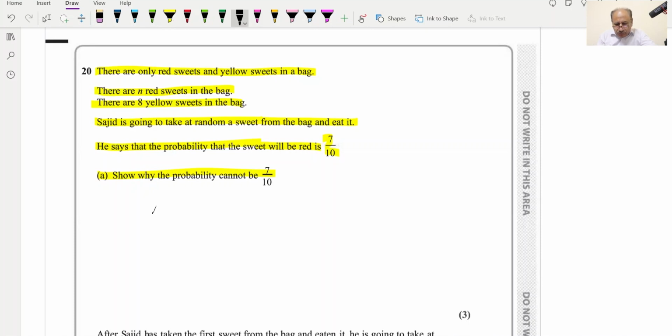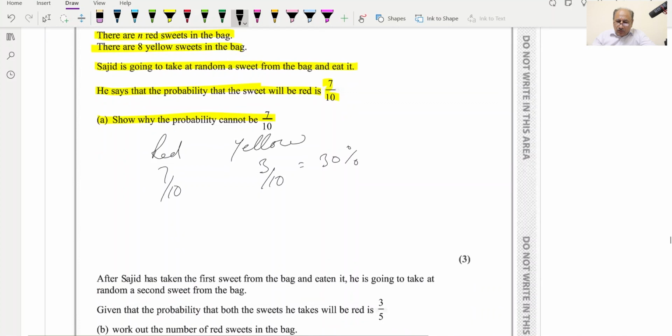So we have two options, red and yellow. And if red is 7 by 10, yellow will be the remaining because there are only two types, and 3 by 10 is basically 30%. So 30% of x should be equal to 8, as mentioned over here.